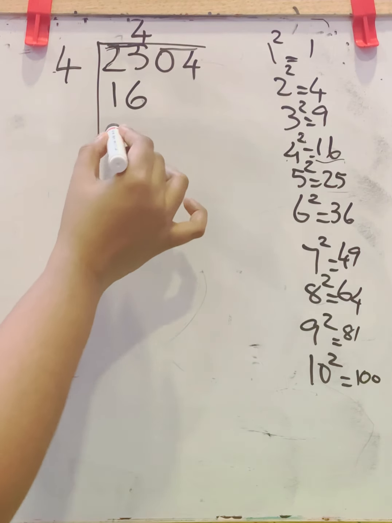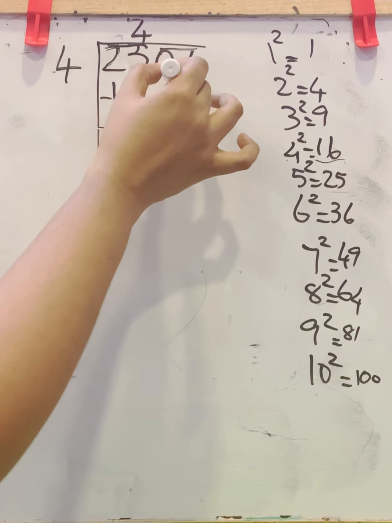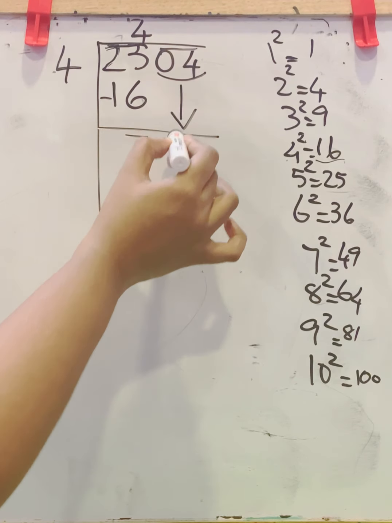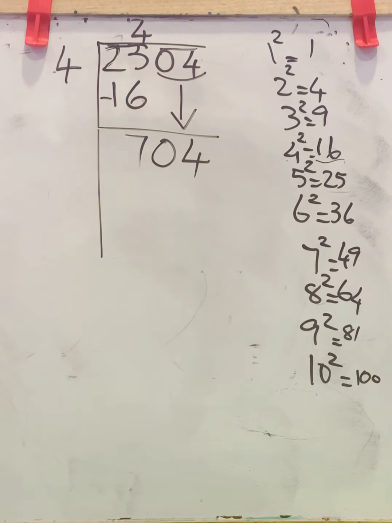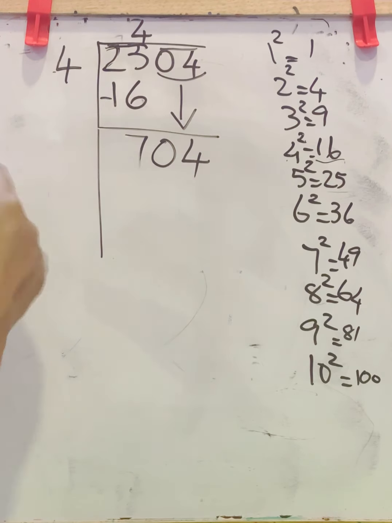Now next step is subtract this. 23 minus 16, 7. Now the next step is carry down this set of numbers. 0, 4. Now this becomes 704. Now on this side you have to do, that is doubling this number. Take the double of this number. Here it is 4.